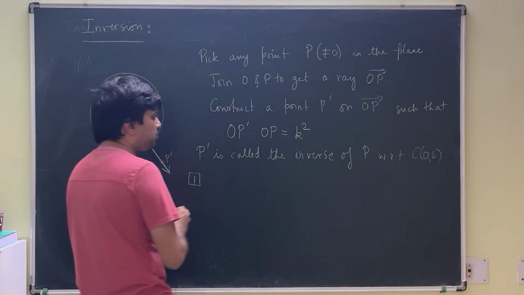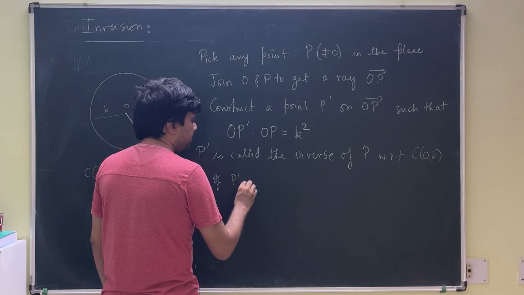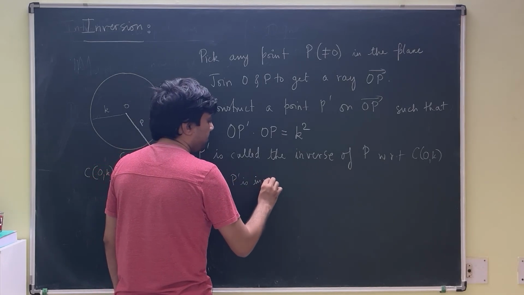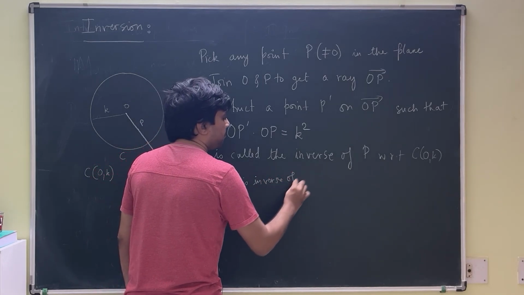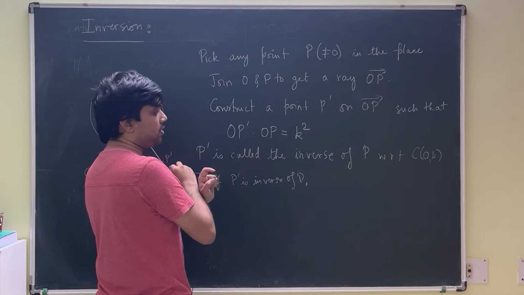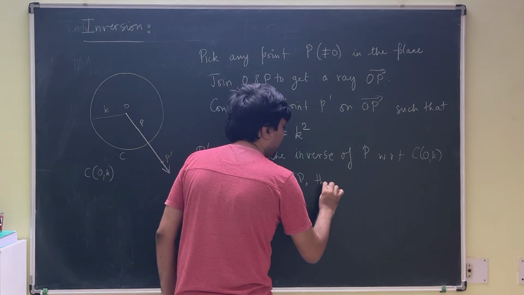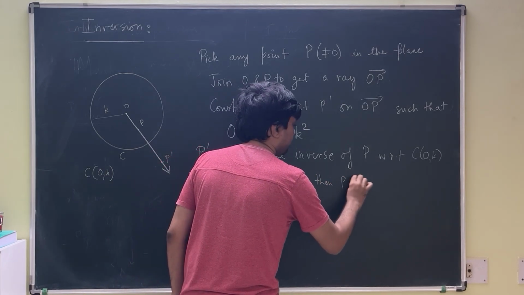First property: because of the symmetry, OP times OP dash is k square, then OP dash times OP is also k square. So if P dash is the inverse of P, then P is the inverse of P dash.